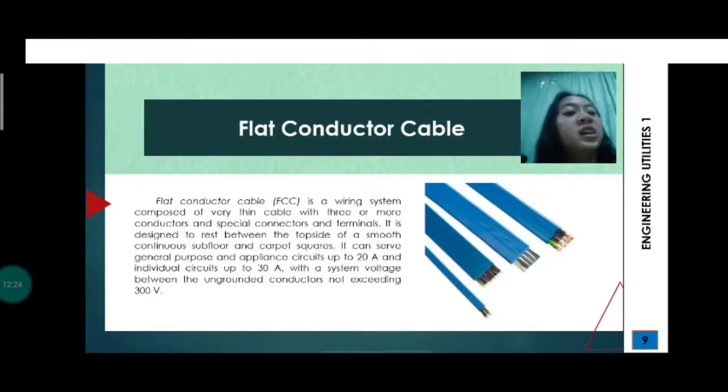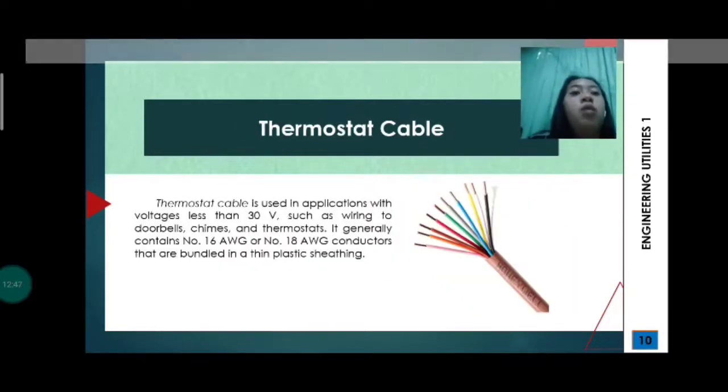Tingnan niyo yung loob ng motherboard ng computer ninyo. Halos lahat ng mga cables na nandoon ay mga flat conductor cable. Flat conductor cable is so very useful in computers.